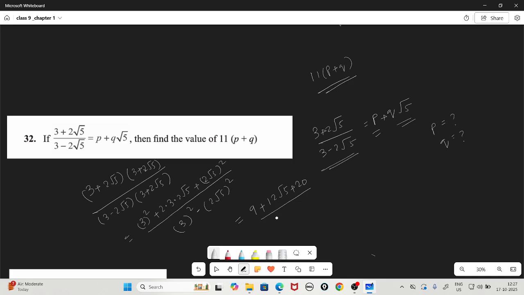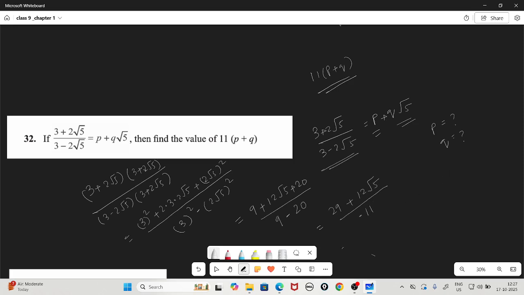Okay, and in the denominator we get 3 square is 9, minus 20, right? So in the numerator, what we get? We get 29 plus 12 root 5, and in the denominator we get minus 11.